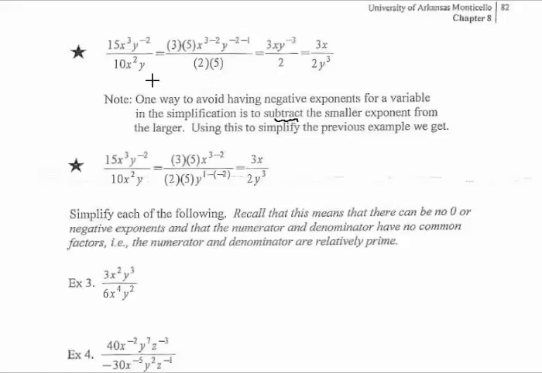They're showing us two different ways that we could work the same problem. You see that this rational expression has a 15x to the third, y to the -2. Likewise, this one has the same numerator, and then they both have 10x squared y on the bottom. So they're working the same problem here. They're trying to simplify it, and they do it a couple different ways.